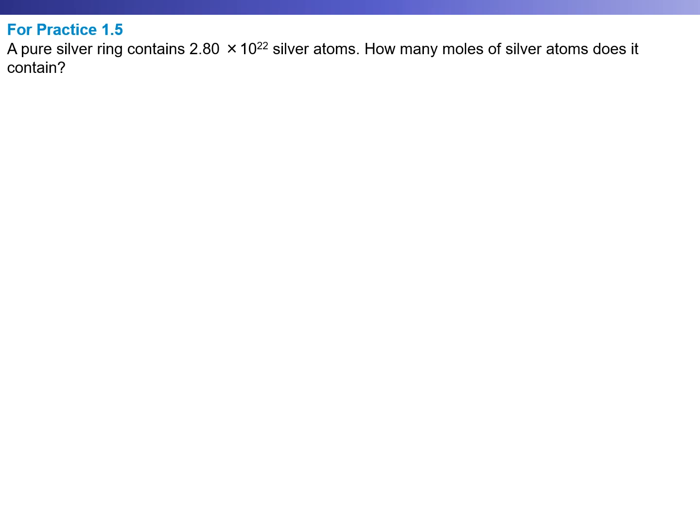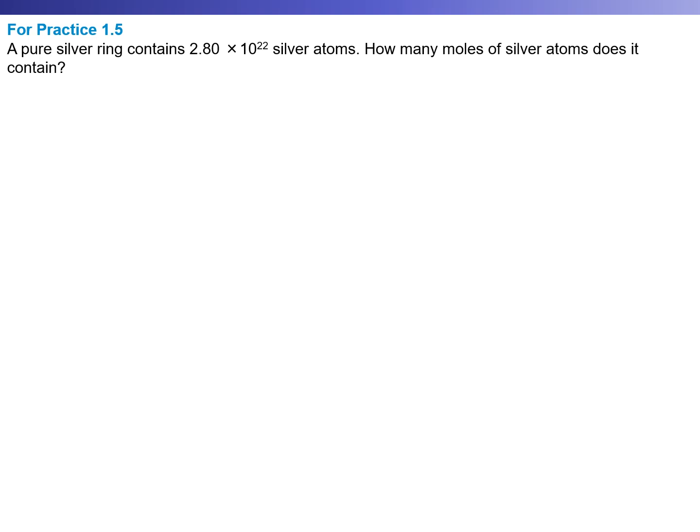So you might be saying, well, what are the units? Well, mole is 1 unit, and then the other unit is tucked away in here, and this unit is the number of atoms. So 2.8 times 10 to the 22nd silver atoms is the number of silver atoms. That is your units.